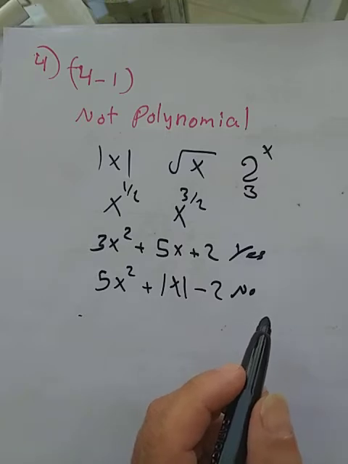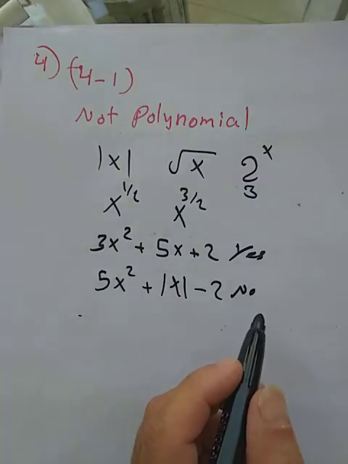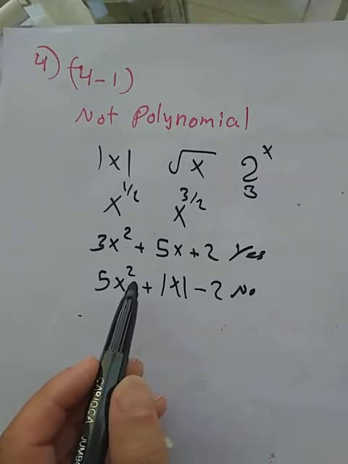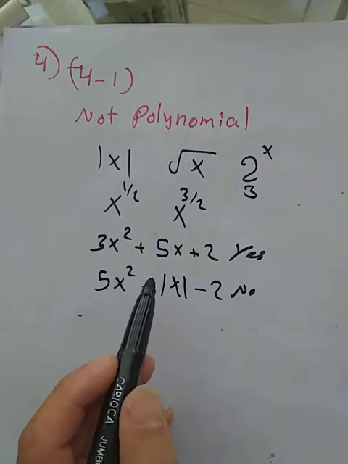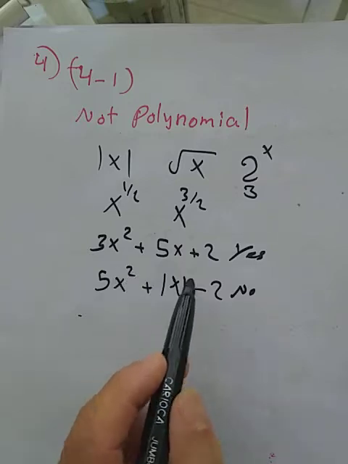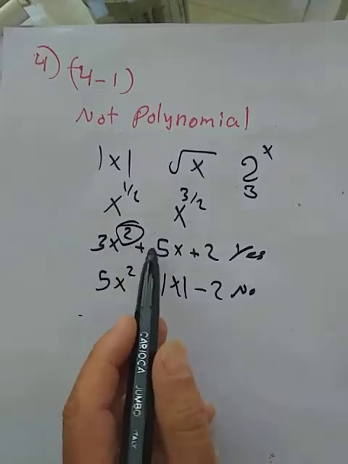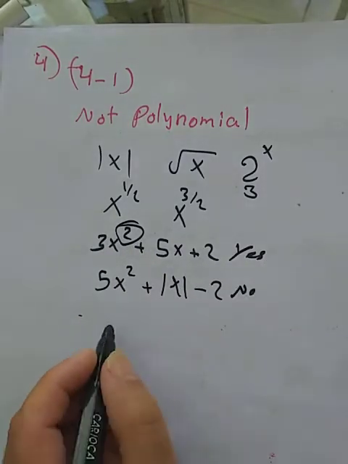Then we will study what the degree of a polynomial means. The degree of a polynomial is the highest power. This is 2, meaning the degree of this polynomial is 2.